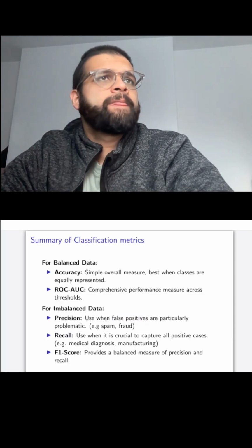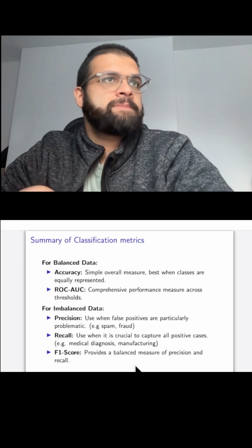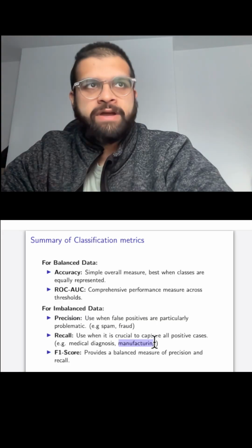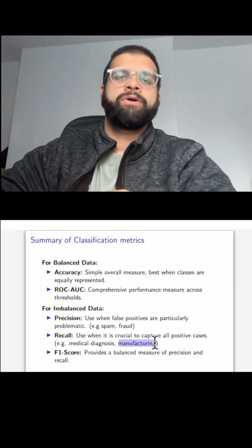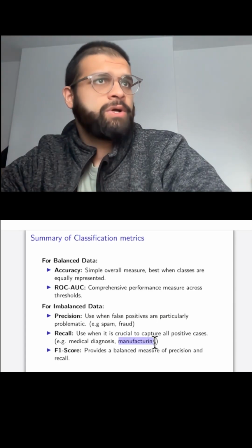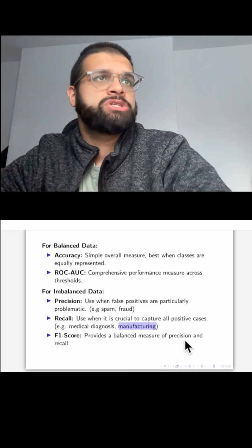Recall is good if you want to make sure all your positive cases are captured accurately, which could be in medical diagnosis or in manufacturing, where you don't want bad products going out. And then you have your F1 score, which is a mixture of your precision and recall.